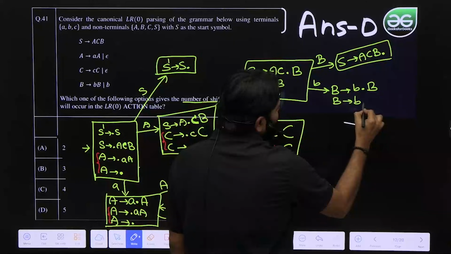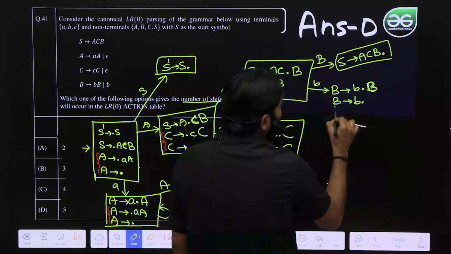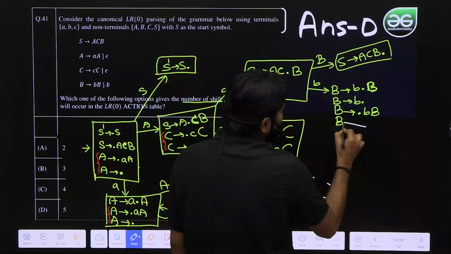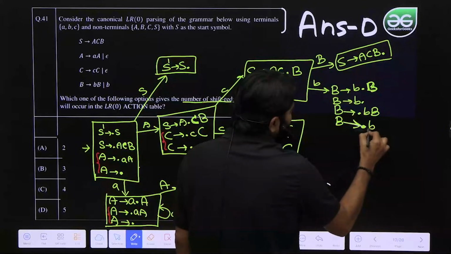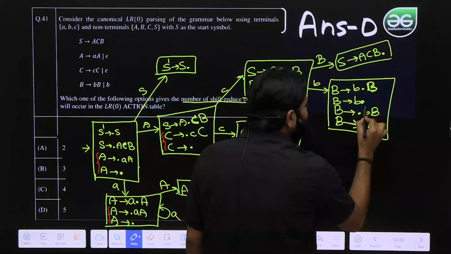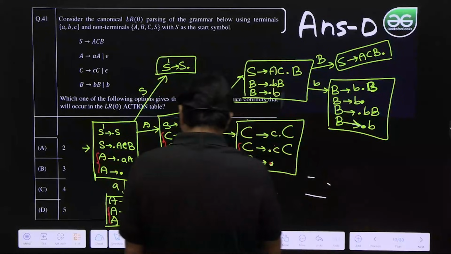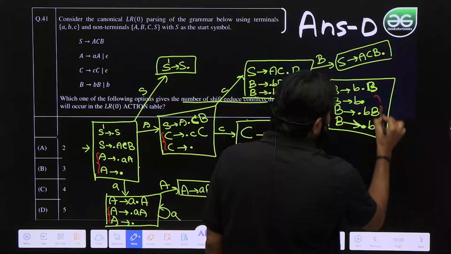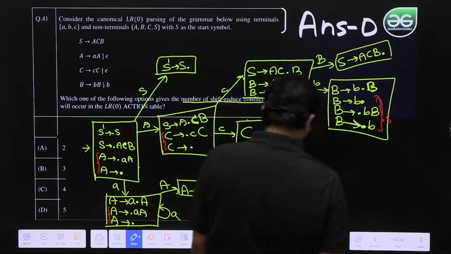Because of this B, you need to write all the B productions back: dot BB, and B derives dot B. Correct? Now here definitely you have a reduce item and a shift item, so this will produce an SR conflict.